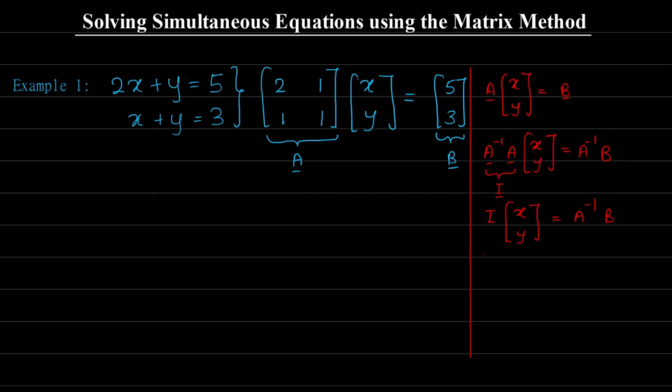Therefore, this entire term just gives us x, y, which is going to be equal to A inverse B. And this result is a very important result because this is what we are going to use to solve for x and y using the matrix method.